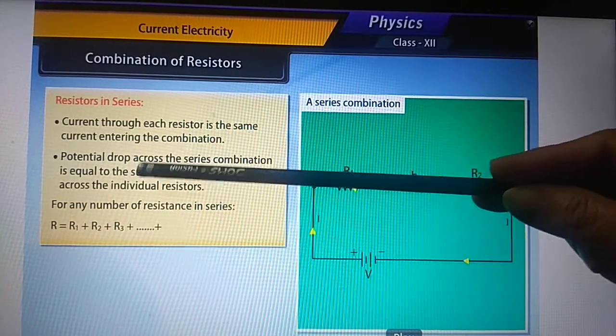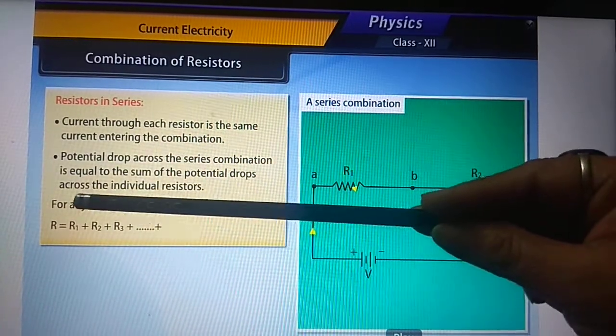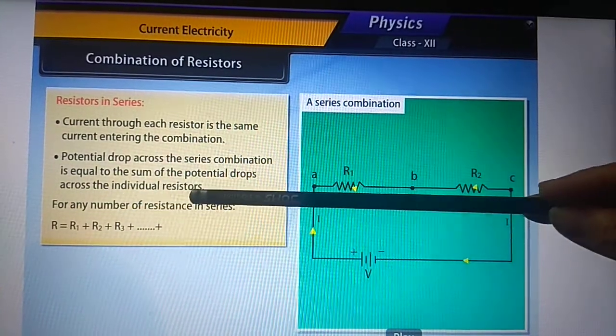The potential drop across the series combination is equal to the sum of the potential drops across the individual resistors.